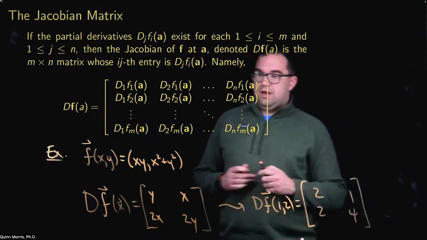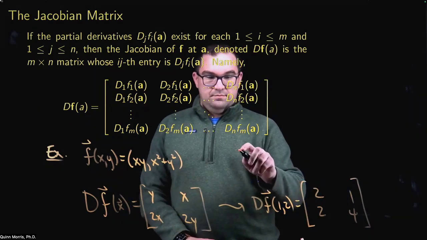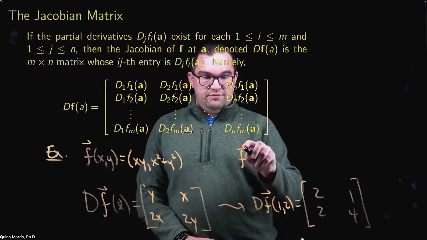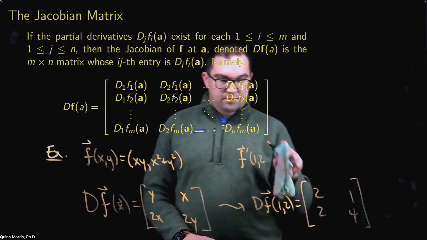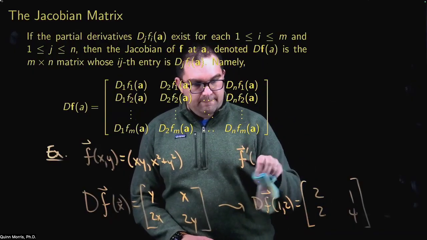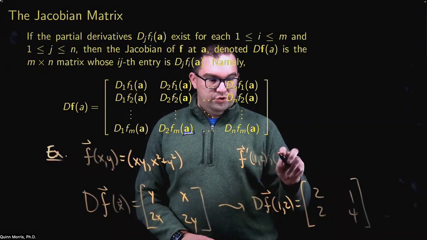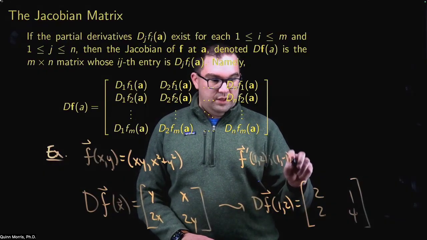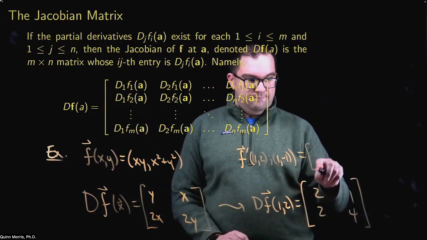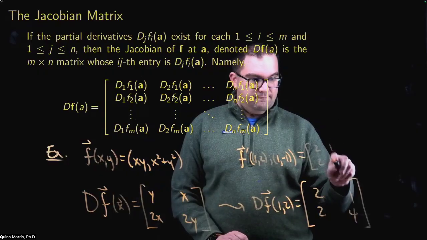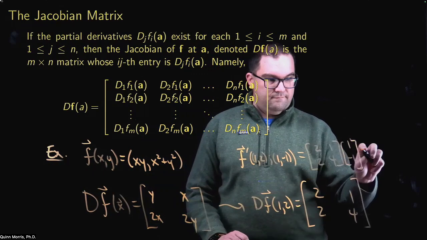Okay. Now, again, if you then wanted to calculate the derivative of this vector field at the point (1, 2) with respect to, say, the vector (1, negative 1), you would just take the Jacobian and multiply it by this vector (1, negative 1).